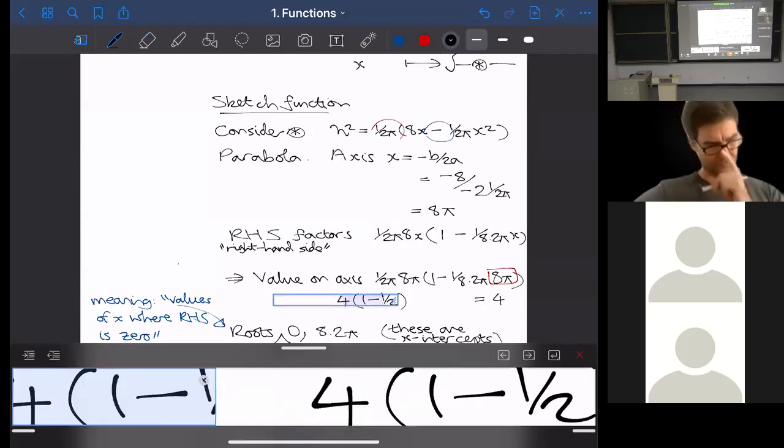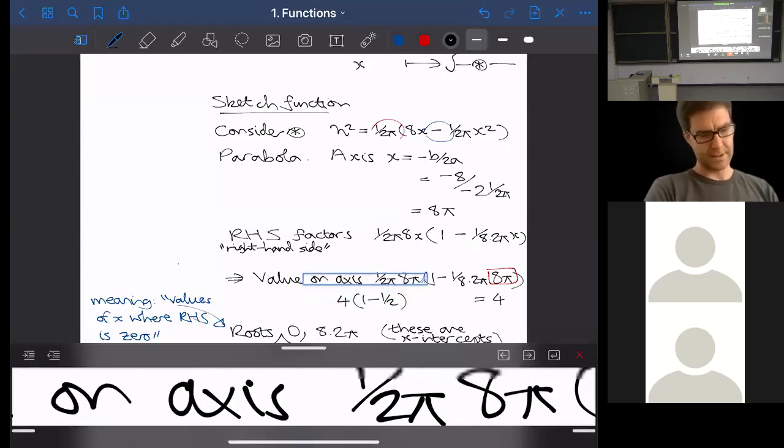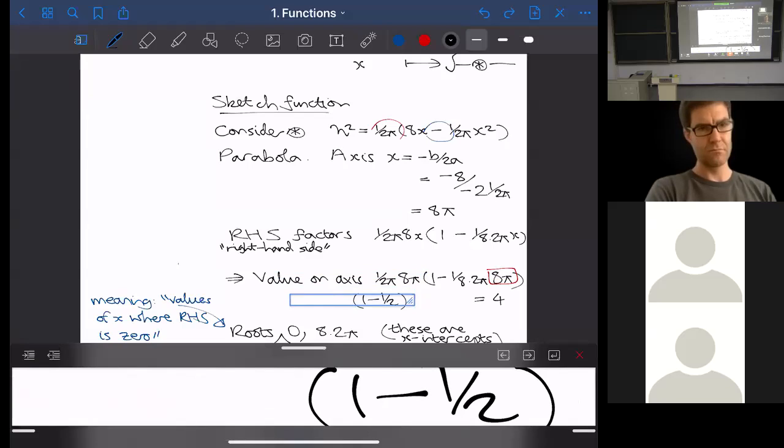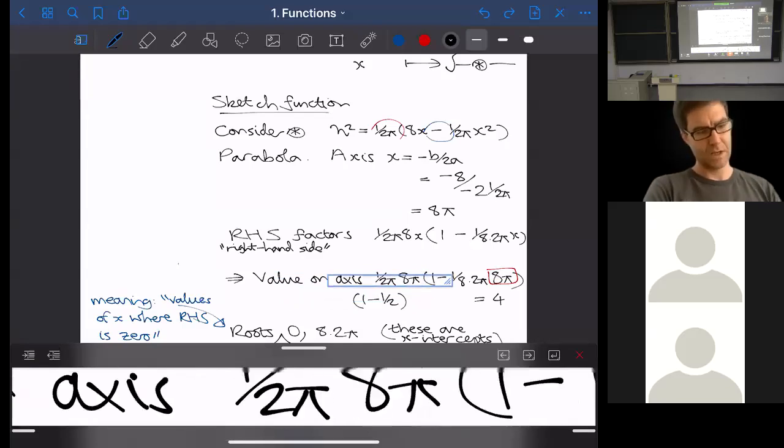Okay, that looks like 4. So I think I see the mistake now. Sorry for the delay.